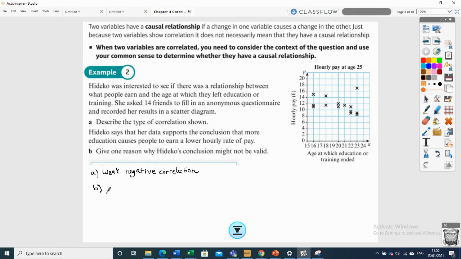Okay, so give one reason why Hideko's conclusion might not be valid. The reason it might not be valid is because respondents who left education later would have significantly less work experience.